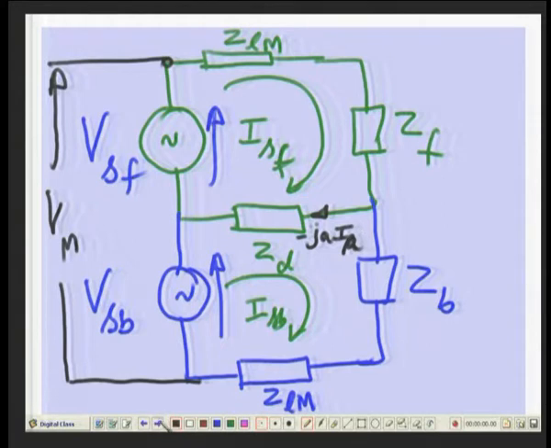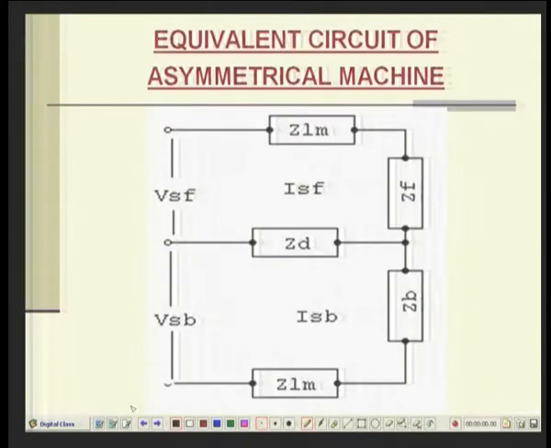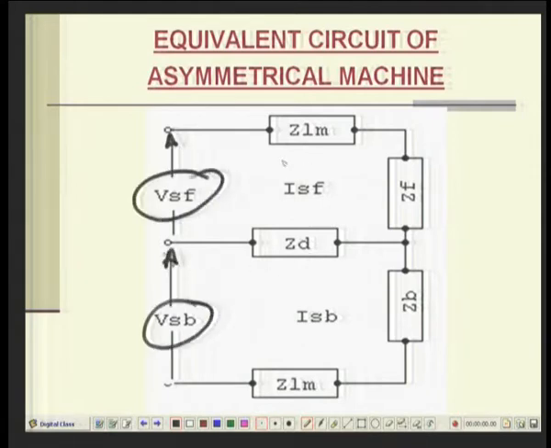So, we have this circuit with VSF, VSB, ZD, ISF, ISB, ZLM, ZLM and ZF and ZB.